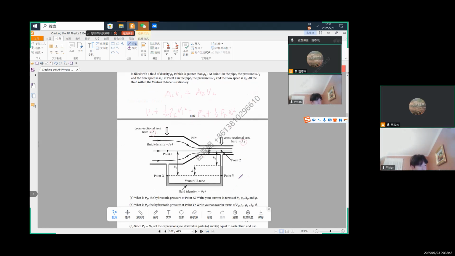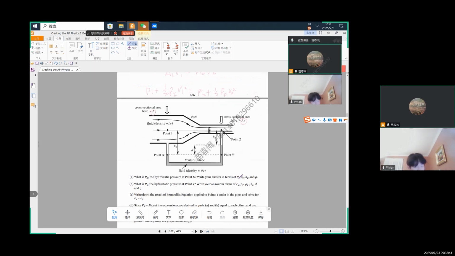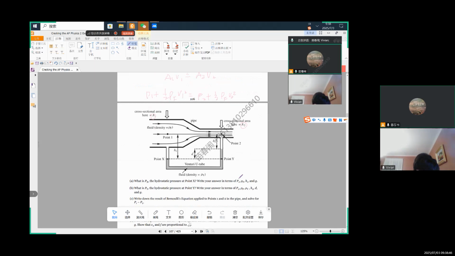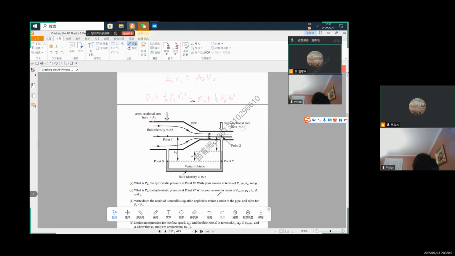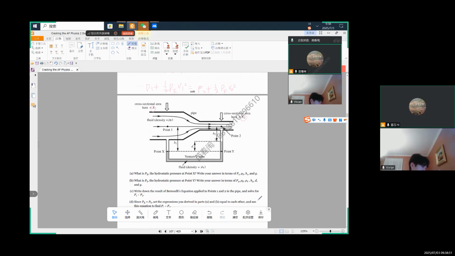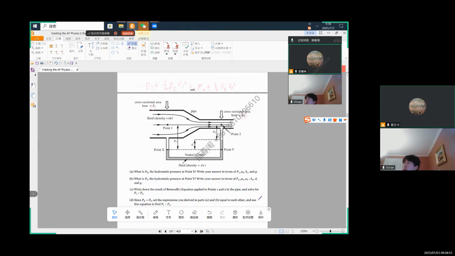Why can't I just use V1 and V2? Write down the results. That's fine, but not for P1 over P2. I think it's the same thing as we did before. We probably use V1 and V2 as one of them, and it's something that we know, right?